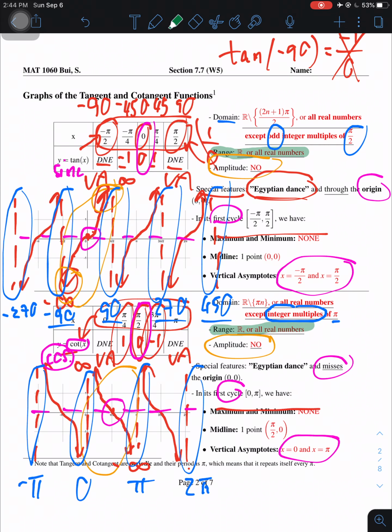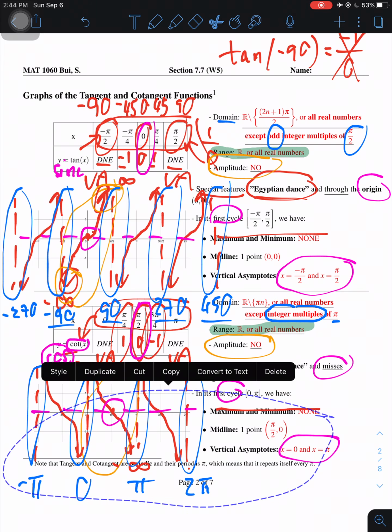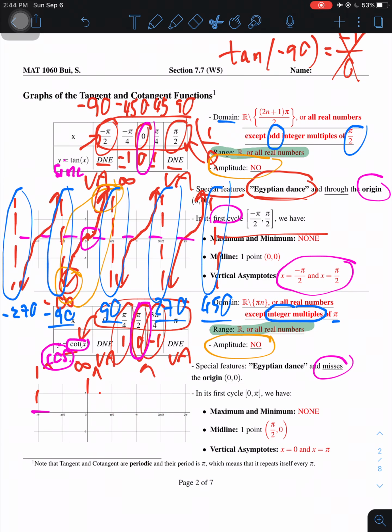So now, a really quick notice before we move on. Let me clear this down a little bit. Okay, much cleaner, right? Know that tangent and cotangent are also periodic functions. Just like cosine and sine, they repeat after certain points, but the period in here is actually pi, okay?